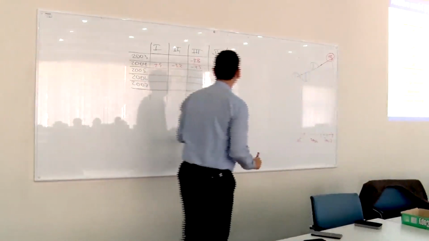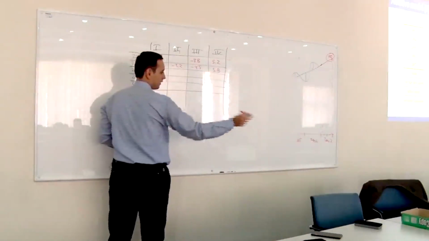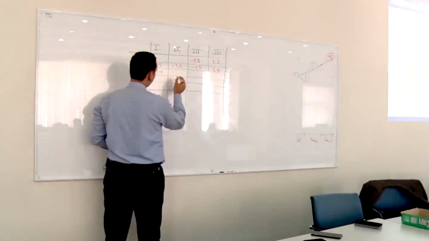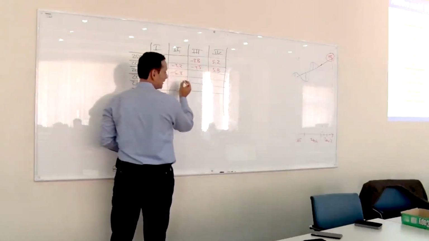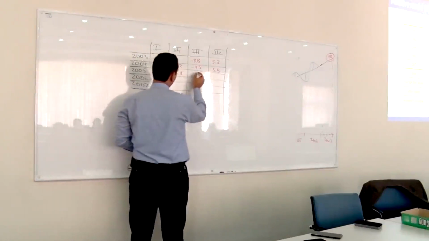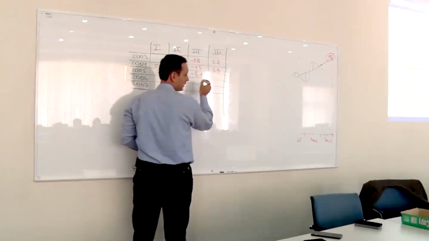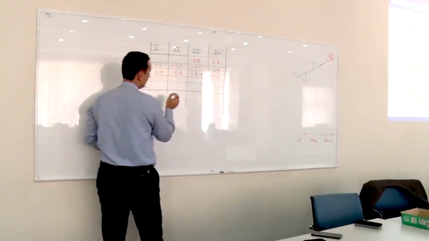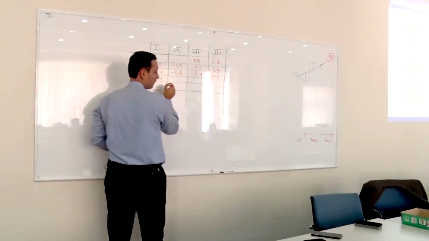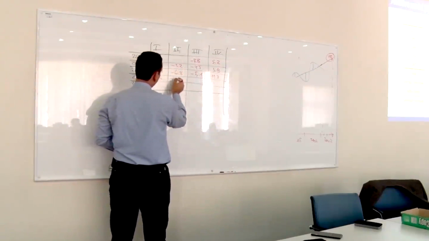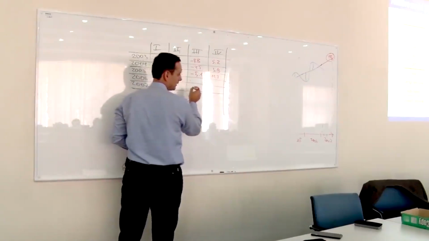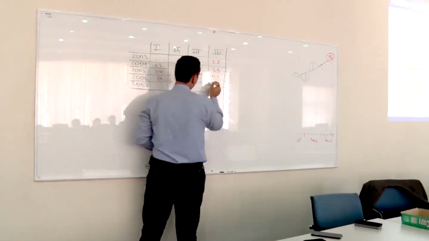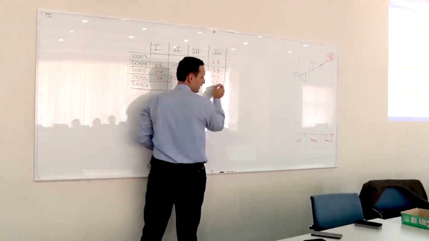2.4 here. Then you have negative 6.8, negative 5.1, 11.3, 1.4, negative 8.7, negative 1.6, and 9.9 here.